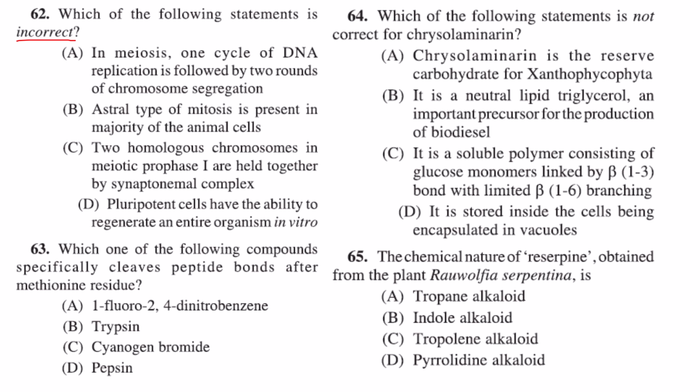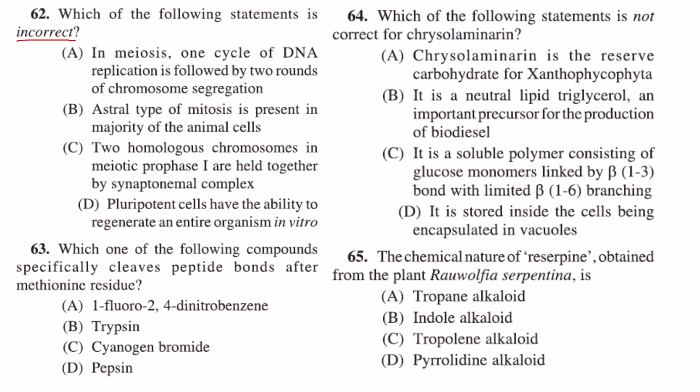The natural type of mitosis is present in the majority of animal cells. Yes. 2 homologous chromosomes in meiotic prophase 1 are held together by the synaptonemal complex. That is also correct.